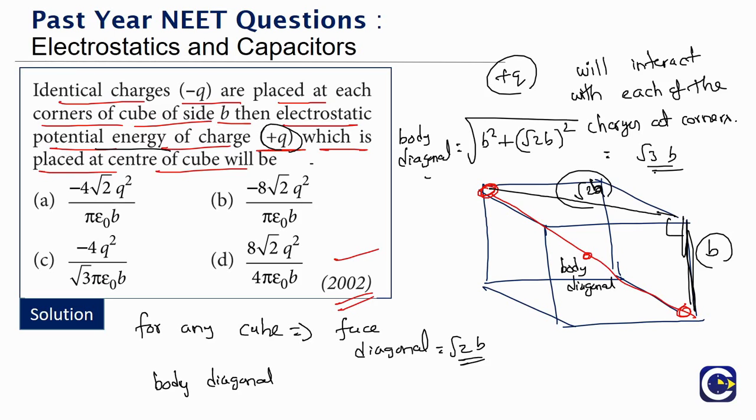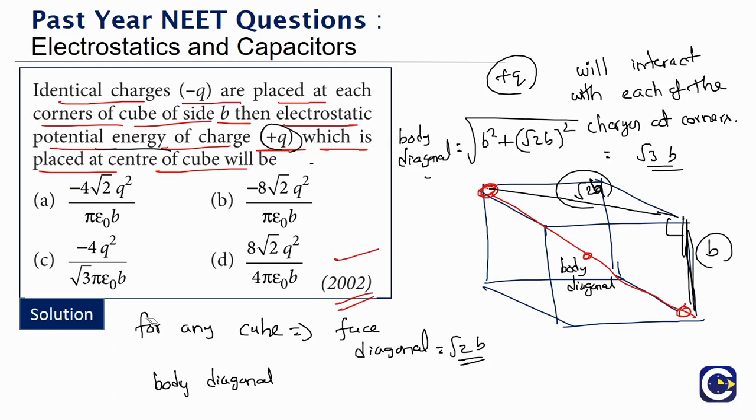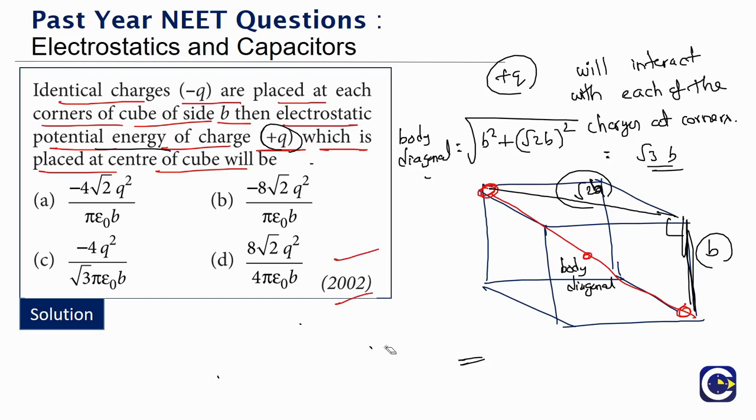So the distance from the center to any corner will be half the body diagonal, because it is symmetrical. The center is at the symmetrical point, so from the center of the cube to any corner the distance will be root 3B by 2.